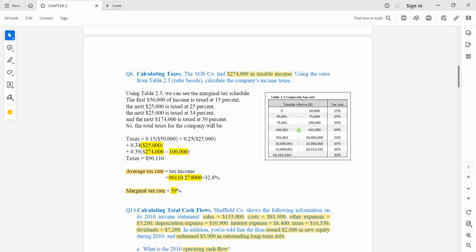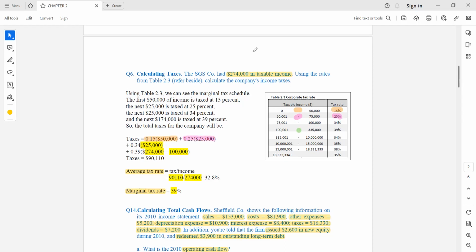Now, very simple already. The first 50,000, you will multiply it by 0.15. As you can see over here, 0.15 times 50,000. So the first 50,000 is subject to 15% tax. The next 25,000 over here is subject to 25% tax.